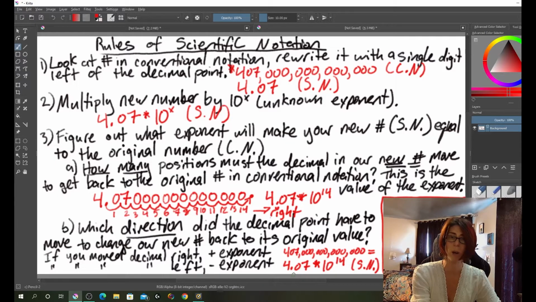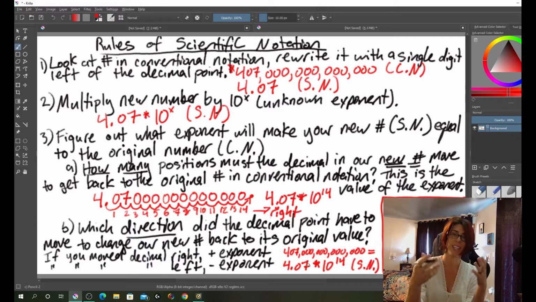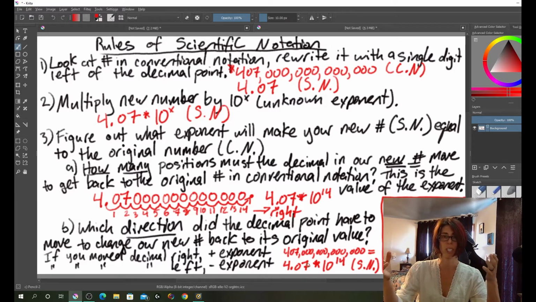So you rewrote 407 trillion as 4.07, but then you multiplied it by 10 to the 14th to make it equal to 407 trillion, because obviously 4.07 is much smaller than 407 trillion. That's why you need to multiply it by 10 to the 14th, which is a 1 with 14 zeros after it. So these two values are the same number, just written in different ways.